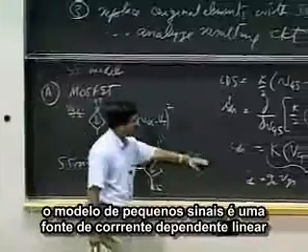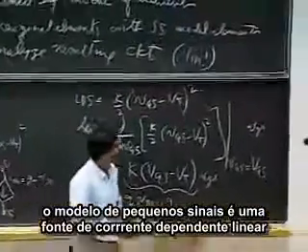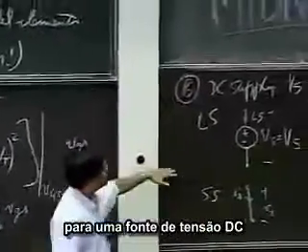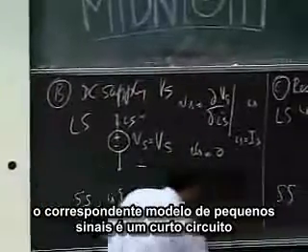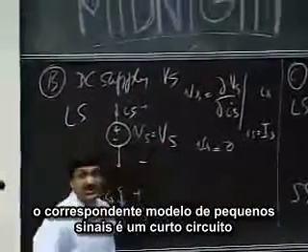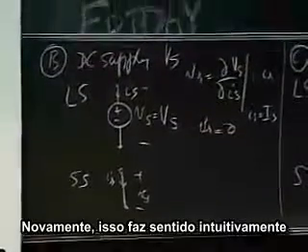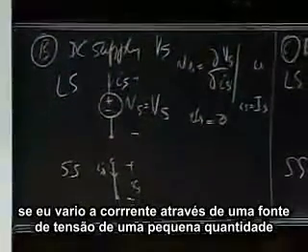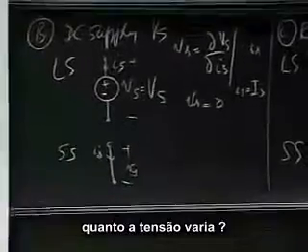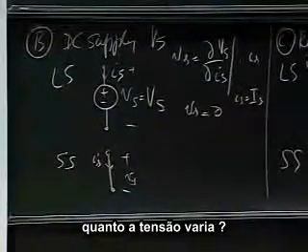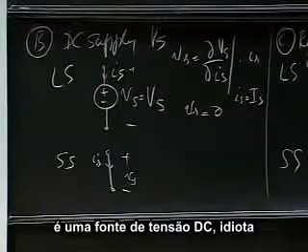For the nonlinear MOSFET, the small signal model was a linear dependent current source. For a voltage source, the corresponding small signal model was a short circuit. And that makes sense intuitively. If I change the current through a voltage source by a small amount, by how much does the voltage change? It's a voltage source, silly.